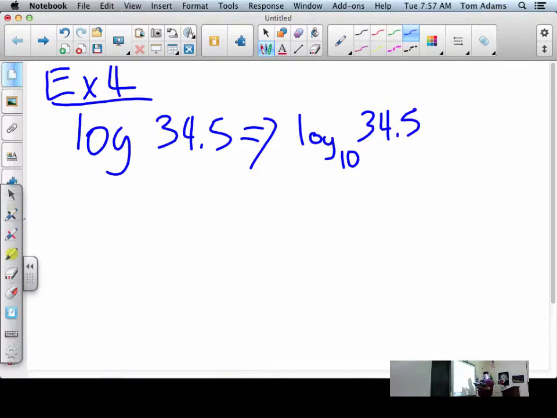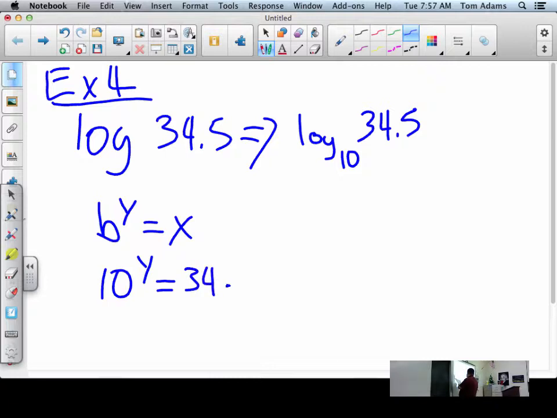Now, based on our other examples, the relationship between this and the exponential is that if I say b to the y equals x, what I'm really saying is 10 to the y equals 34.5.